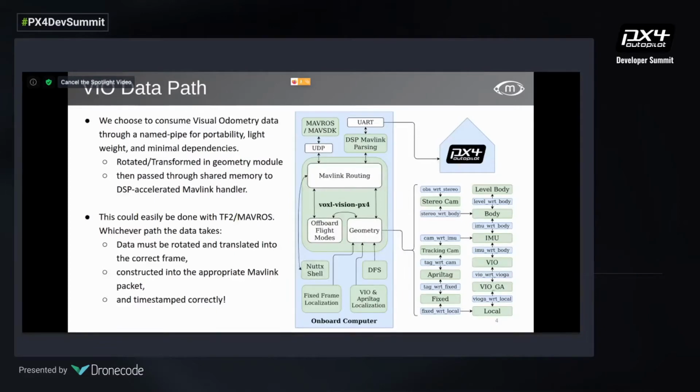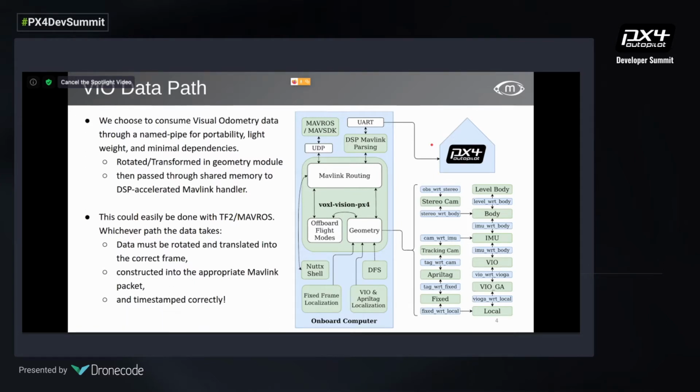So to get this to work, you're going to be taking data out of your VIO algorithm of choice. There are dozens and dozens of ROS options online that you can start playing with. But whatever you choose, that data has to be passed through to the PX4 Autopilot in the form of a Mavlink packet.